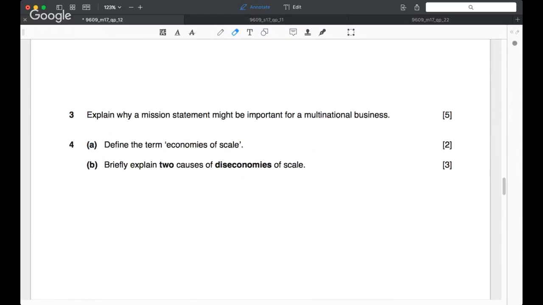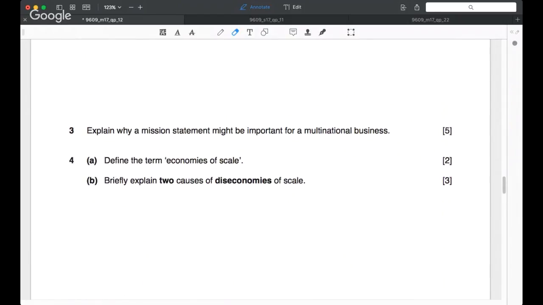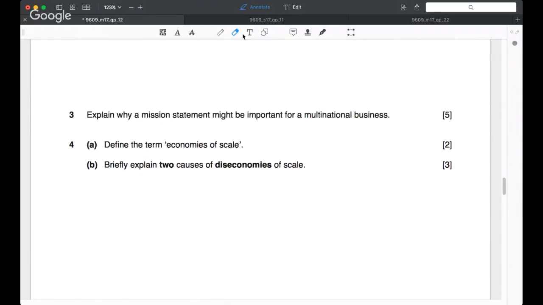Question 4A: define the term economies of scale. Well, this is quite simple. Quite clearly, again, it's a definition, which means it just needs to be a statement. It doesn't need to be expanded upon. It's when the costs of production fall as the scale of operations increases.